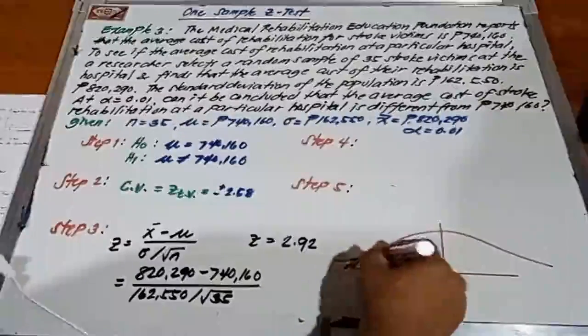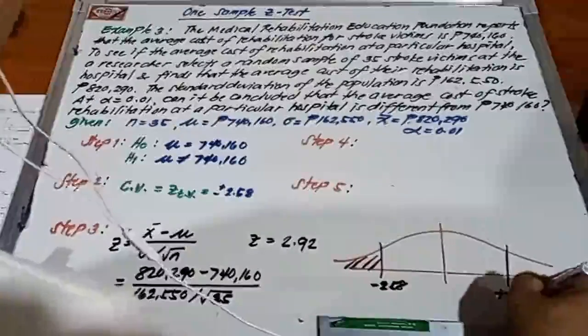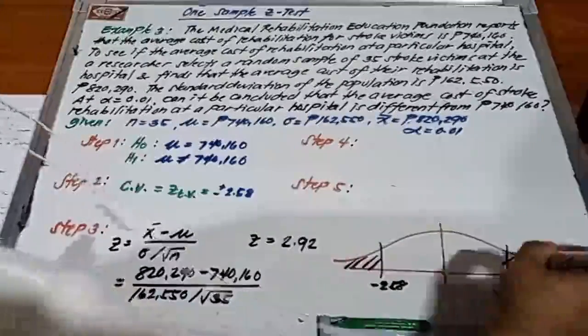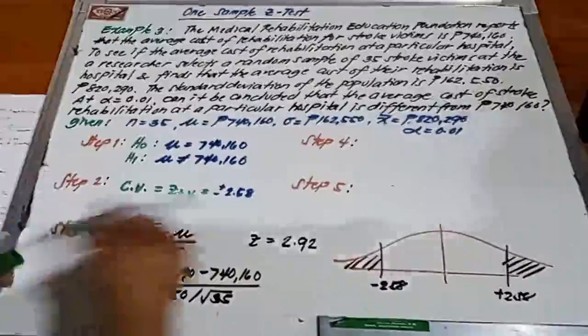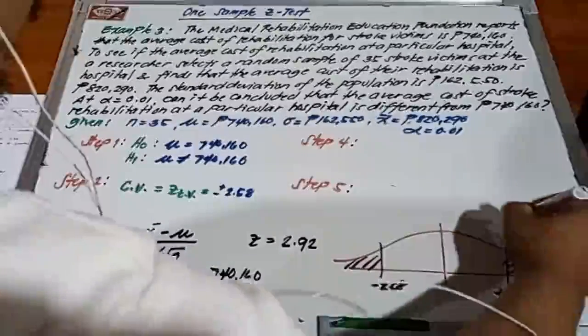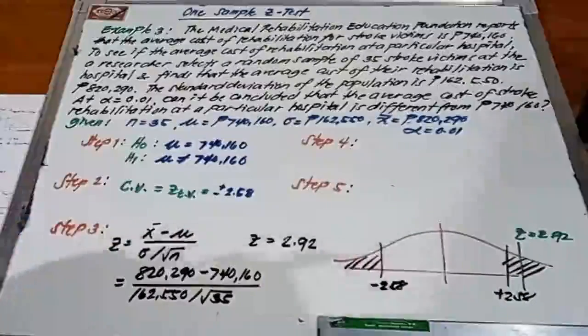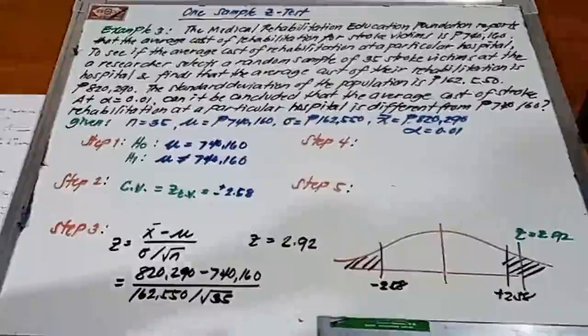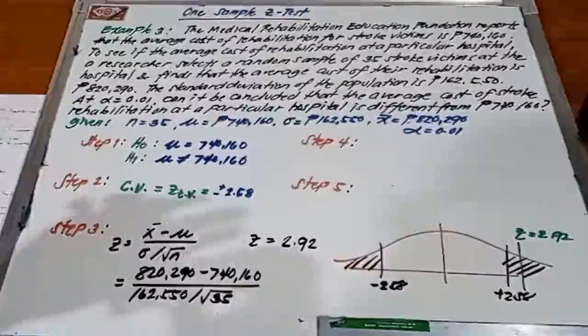Ito yung ating rejection region. Sa other side naman, ito yung positive 2.58. Ito yung ating rejection region. Pero yung ating computed z value ay naandito sa right side pa ni positive 2.58. So, andito yung 2.92.